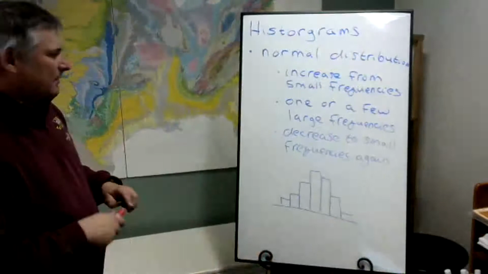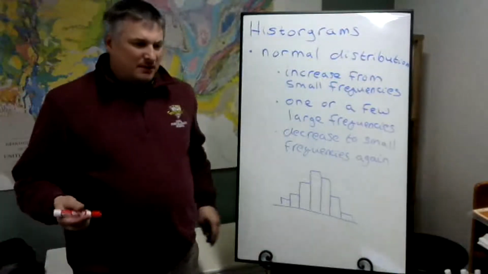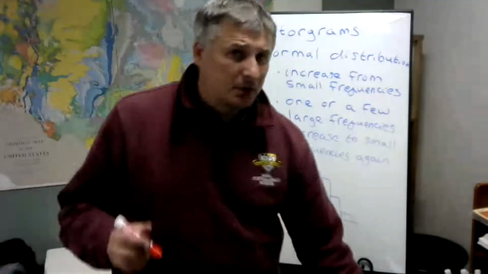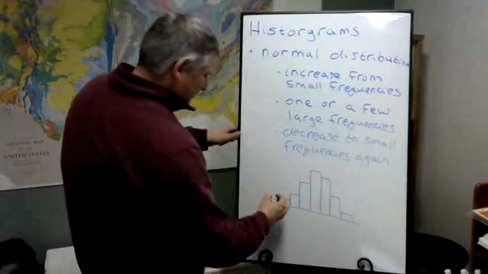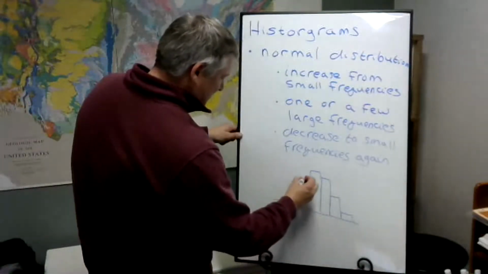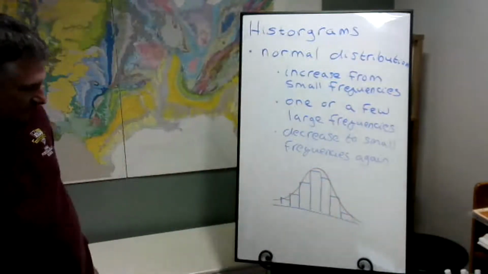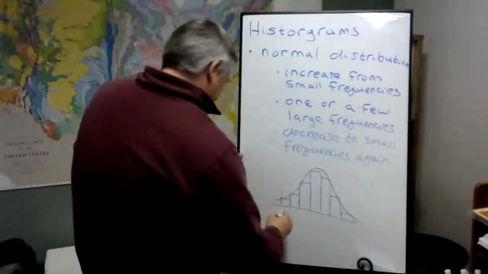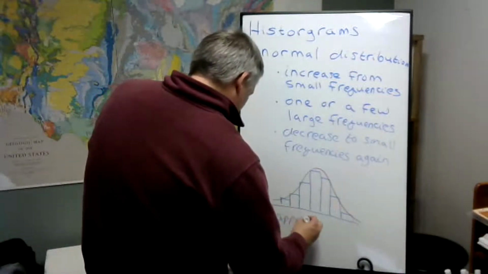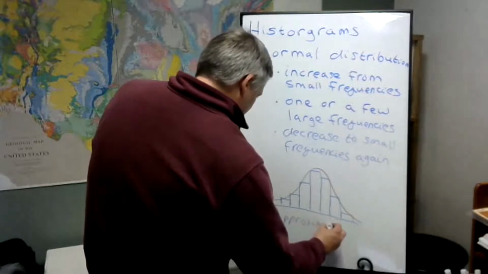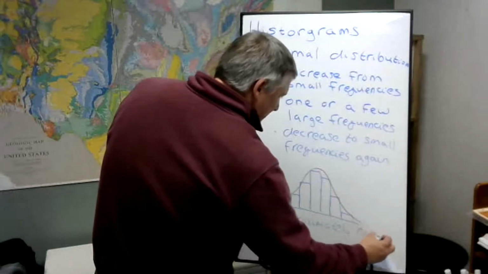Now, when we talk about something having a normal distribution, we're talking about an approximation. It's not going to be a perfect fit. It's going to be good enough. And what you typically get is approximately something that we call a bell curve. But we'll call this approximately normal for now.